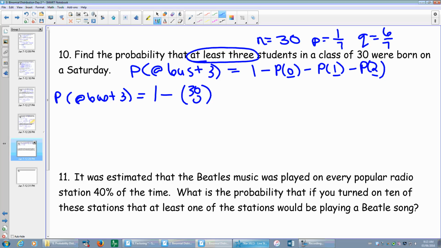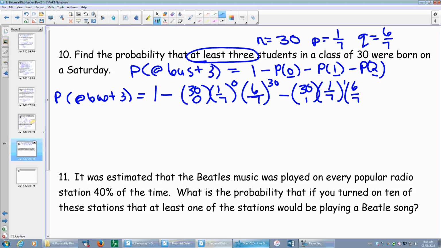Okay. Good. Very good. And I'm going to subtract that from the probability of 1, which is, Michaela, what? Good. Excellent. Minus the probability of 2, Ben?